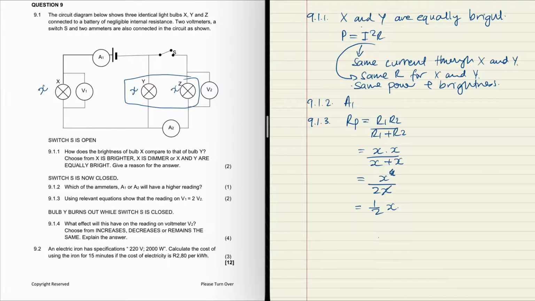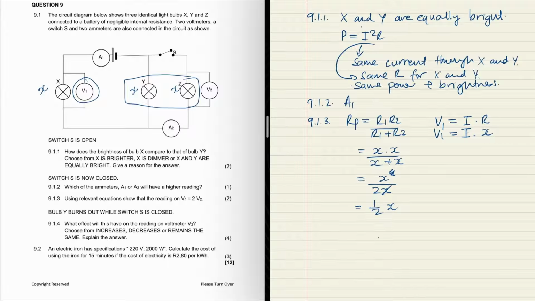Then we can calculate the voltage. So we can calculate V1 here. That's going to equal I times R. So the current that's going through X is going to be the total current. So that's going to give me X multiplied by I, whatever the current is. And that's going to be V1.